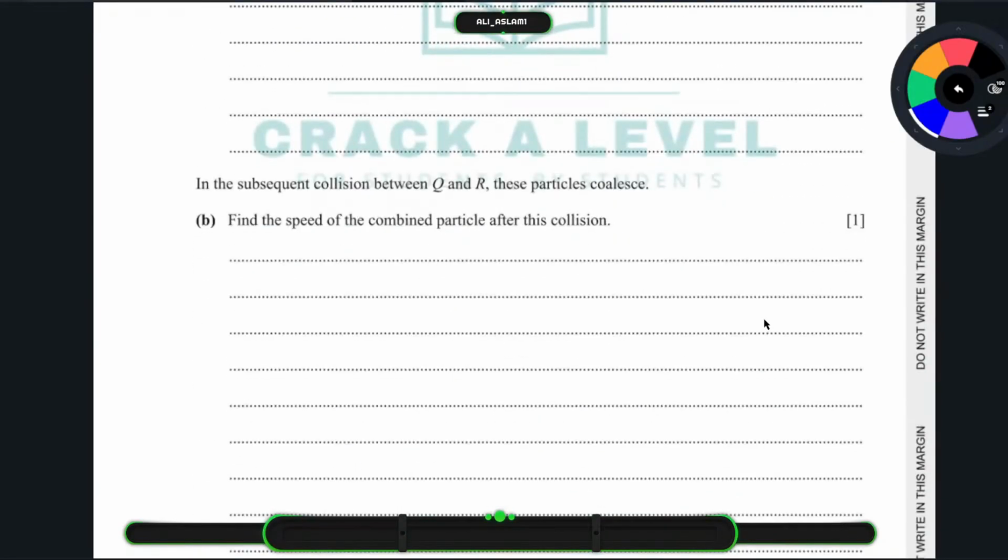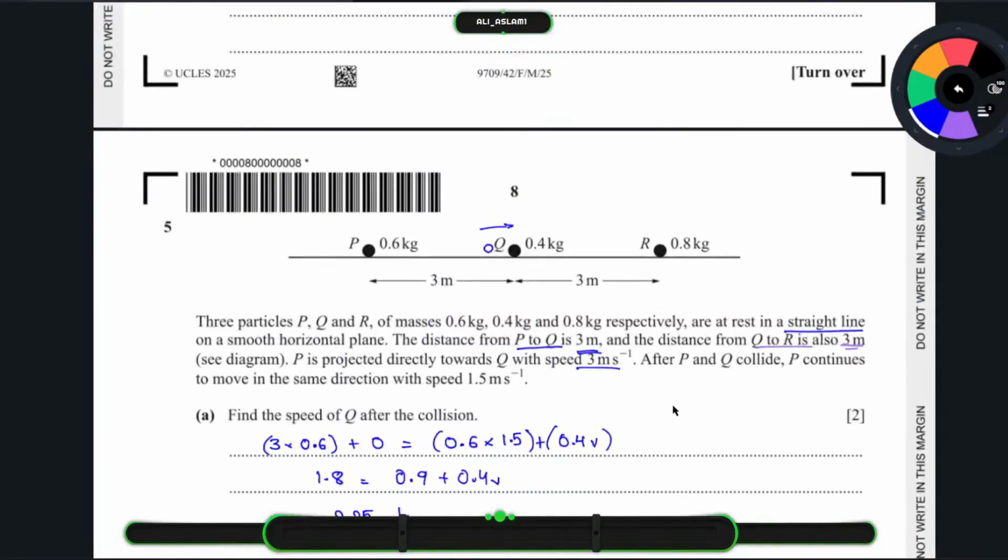In a subsequent collision between Q and R, these particles coalesce. Find the speed of the combined particle after this collision.